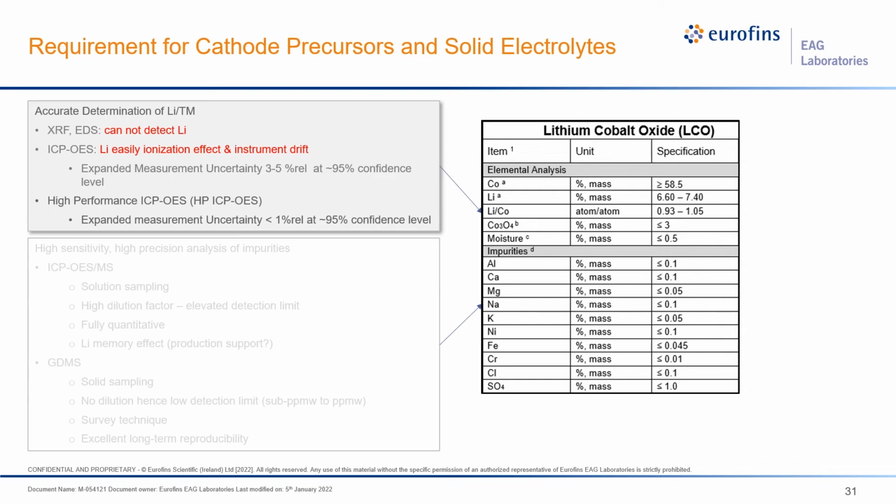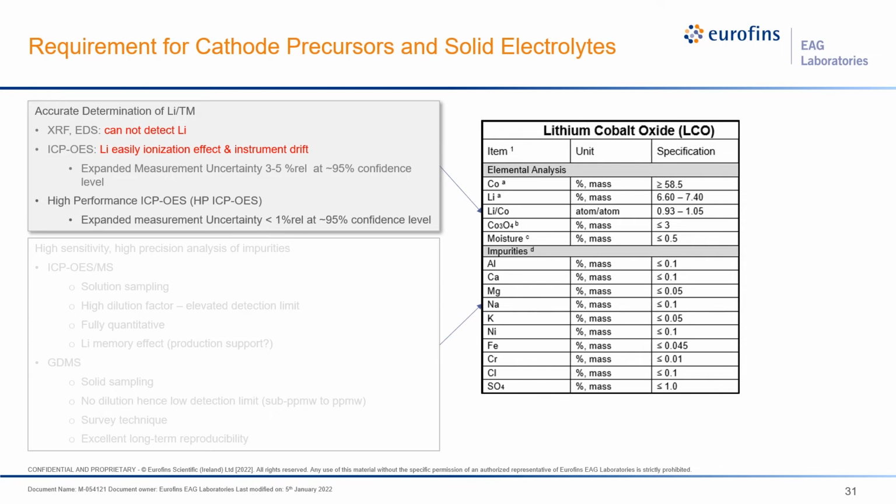One of the major things is that not only do you need the impurities, but you also need to precisely know the metal content of the cobalt and lithium, and specifically the lithium to cobalt ratio, because the ratio can have an impact on the cycle performance and the stability of the lithium transition metal structures.